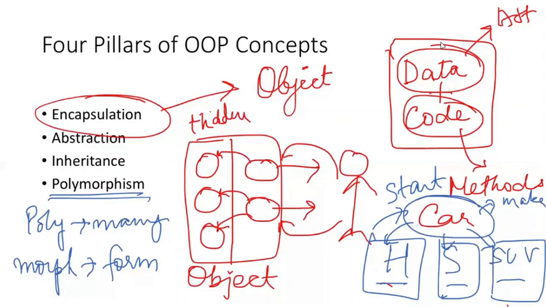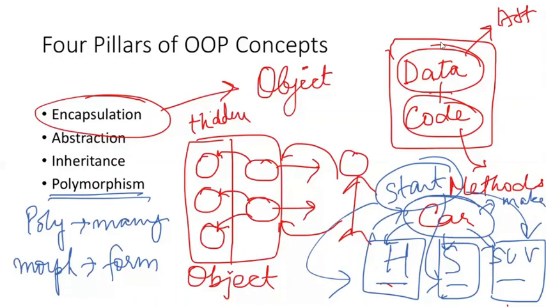But when you say start, it should apply to all of these. So the start method can work differently for different cars. So this is your polymorphism.